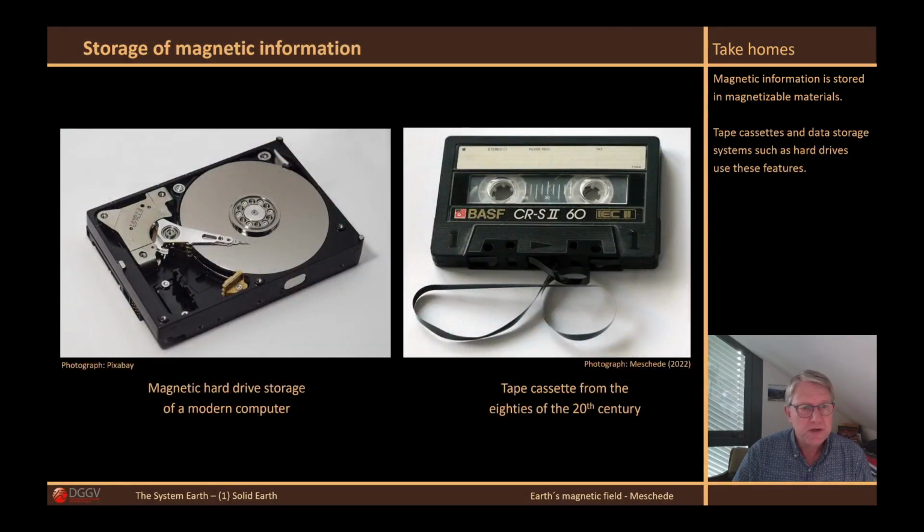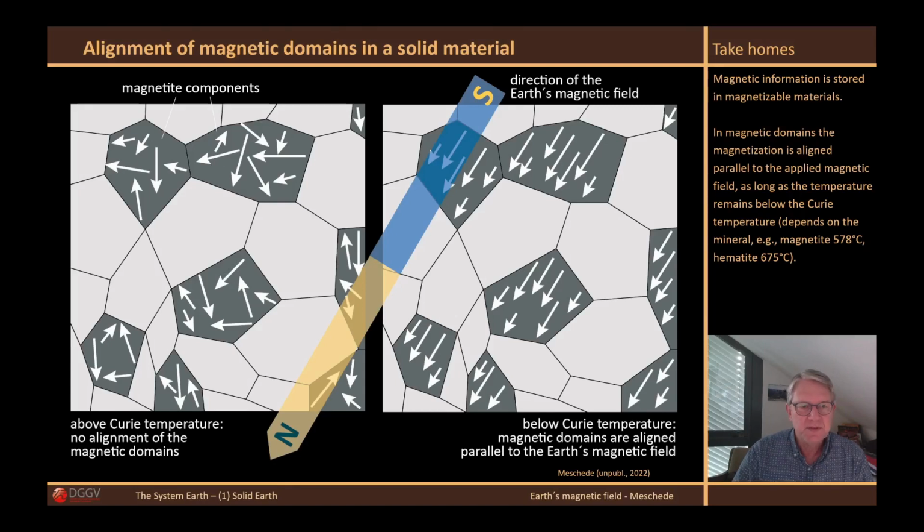This basically works in a similar way to magnetic hard drive storage in modern computers or tape recorders, which were still in use in the 80s or 90s of the last century. Disks or tapes with a magnetizable layer can be used as data storage medium, which are magnetized differently in different places by an applied magnetic field, which then enables the storage of data, for instance, music or tables, texts, images, etc. And something similar happens with rocks.